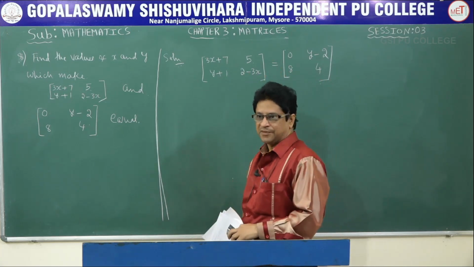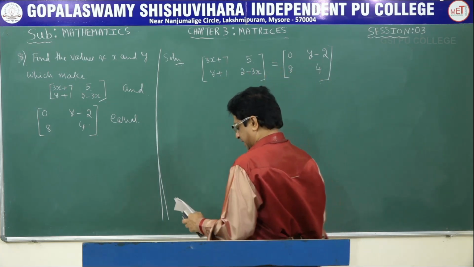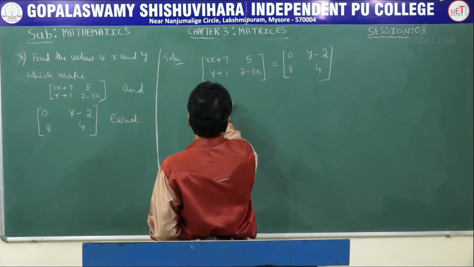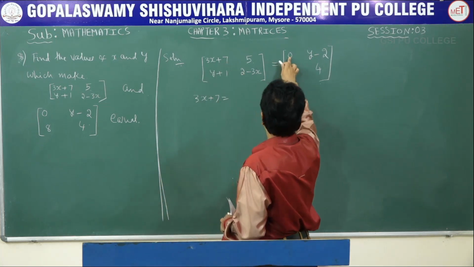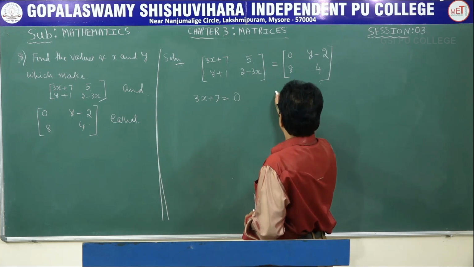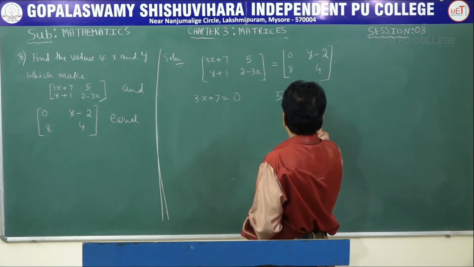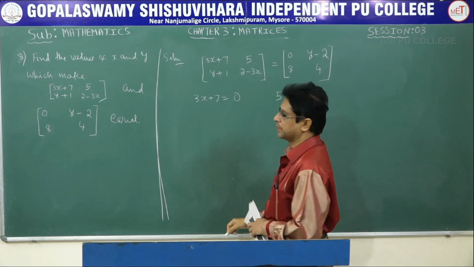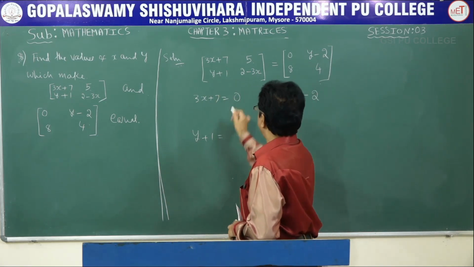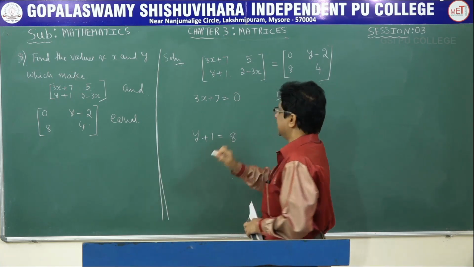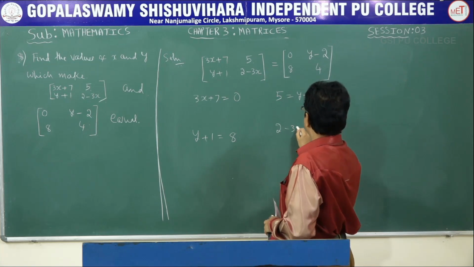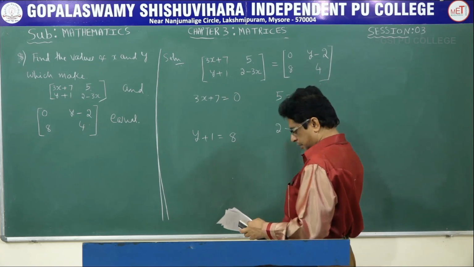So let us equate the corresponding elements. So 3x plus 7 will be equal to 0. Similarly, 5 will be equal to y minus 2 and y plus 1 will be equal to 8. 2 minus 3x is equal to 4.